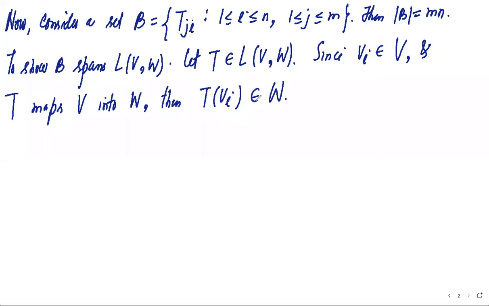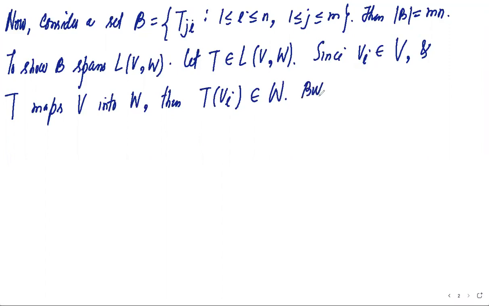Okay, so once we have chosen an element of W, now we know what is the basis of W. So using that basis, we can express this T of Vi as a linear combination of the vectors from the basis.